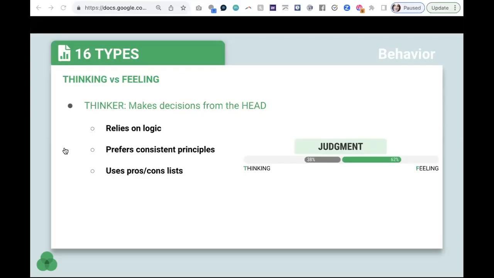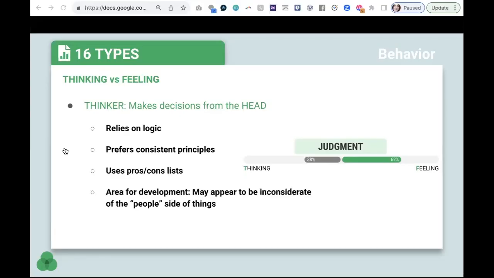So what that means is that sometimes they're going to lean into the facts and not always understand the individual opinion or desire of other folks in a conversation, right? So sometimes when you're really on the spectrum of being a high T, your area for development is that you may appear to be inconsiderate of the people side of things at times. And it's not conscious.